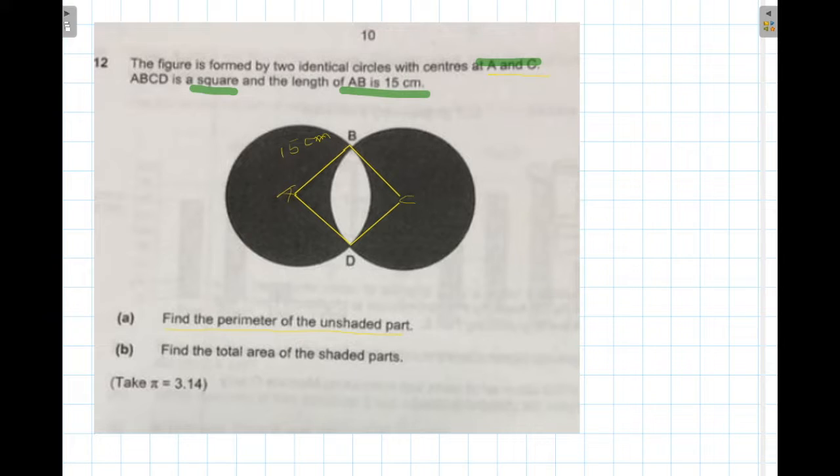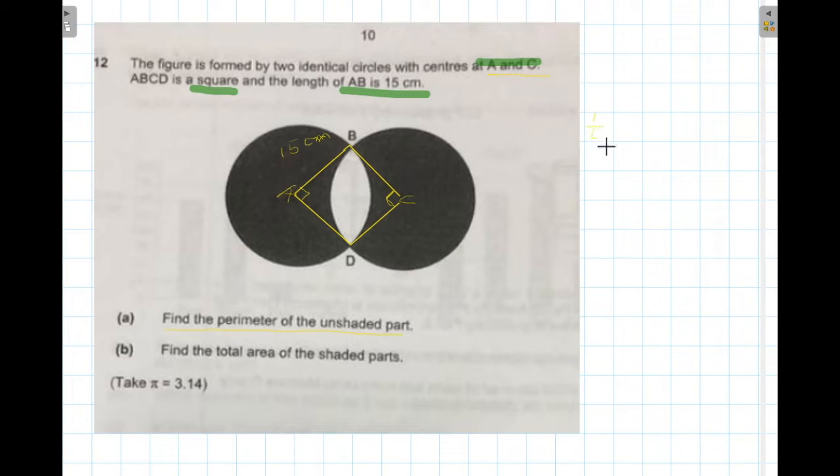If you see here, you realize that all of this is a right angle. You notice that for the unshaded part, if I see from this angle, I have a square, and then I have a quarter of a circle. This portion here is a quarter of a circle, correct?